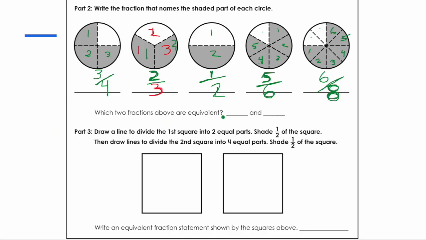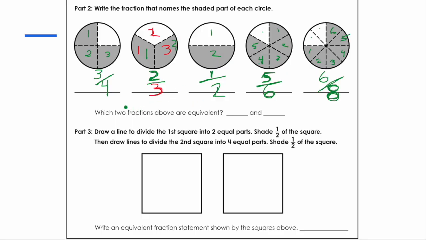All right, now we're going to look here right in the middle. It says, which two fractions above are equivalent? So we're going to look for the shapes that have the same amount of gray, right? The same amount of gray.